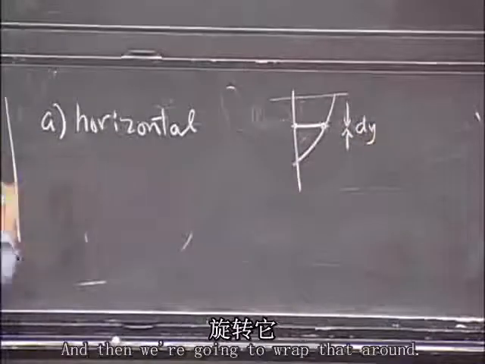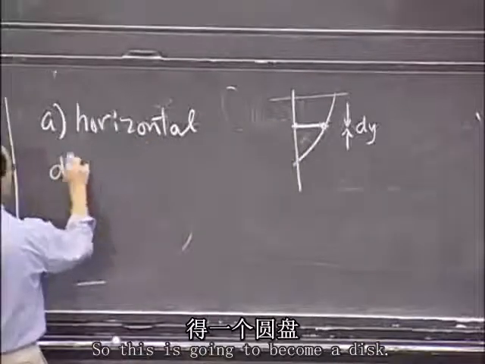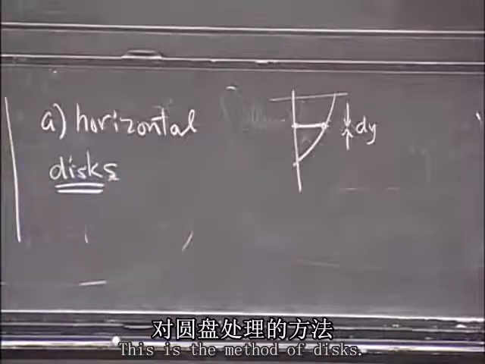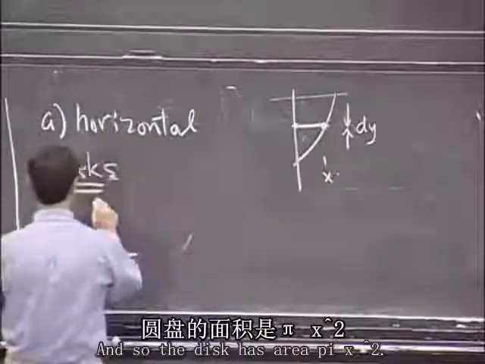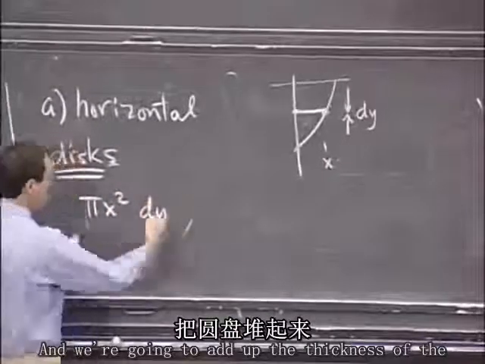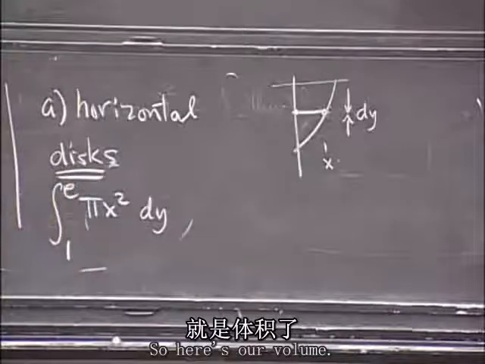And then we're going to wrap that around, so this is going to become a disk. This is the method of disks. And what's this distance here? Well, this place is x, and so the disk has area pi x squared, and we're going to add up the thickness of the disks, and we're going to integrate from 1 to e. So here's our volume.